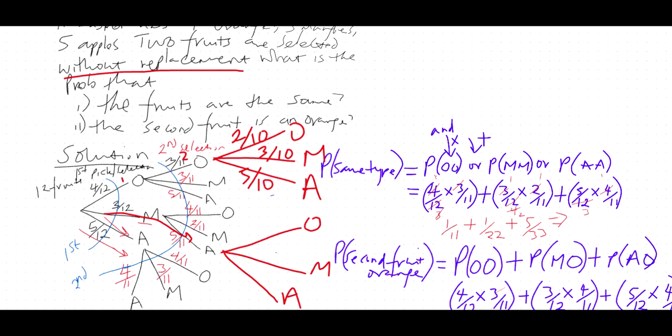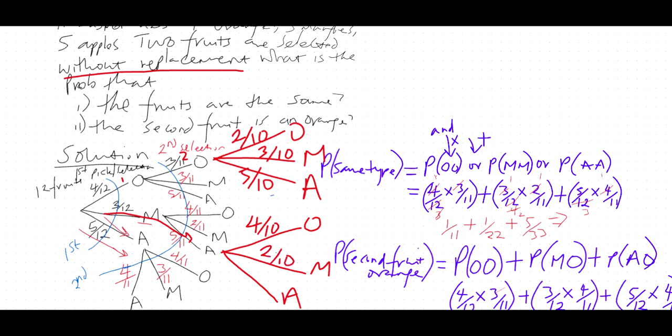Therefore, the number of oranges will be 4, but now the number of fruits will be 10. Then I want to pick a mango, so I picked one mango, and then the second one was an apple. So to pick another mango will now be 2 out of 10.